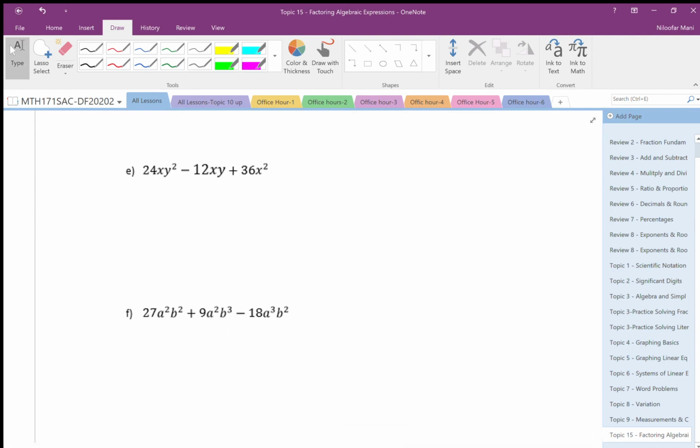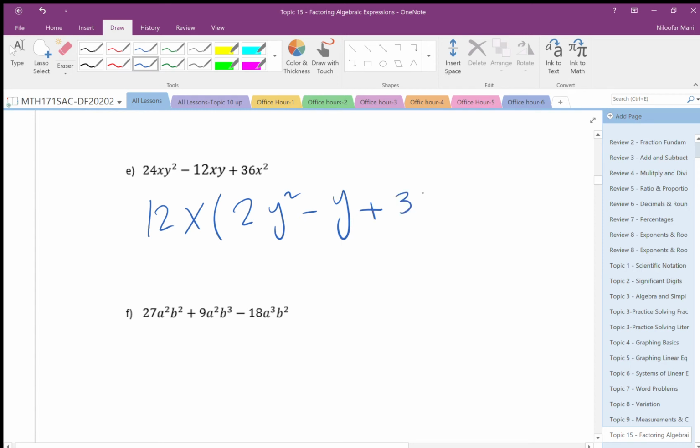Here I have 12, yes. I have x, yes, but I don't have y because the last one doesn't have y. So 12x multiplied by 2y squared minus y plus 3x.